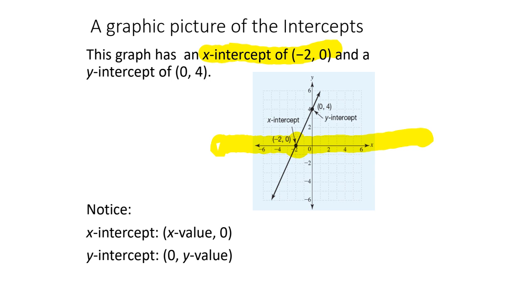This is a red dot. But if I'm looking for the Y-intercept, it is on this green line. Okay. It's on the green line.